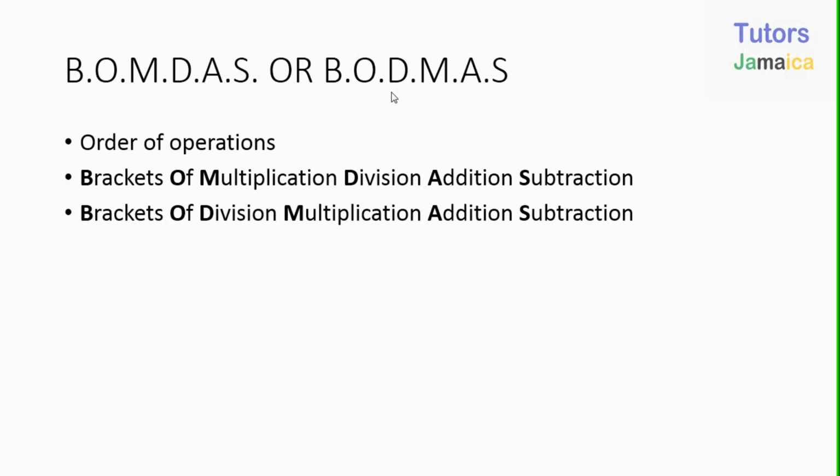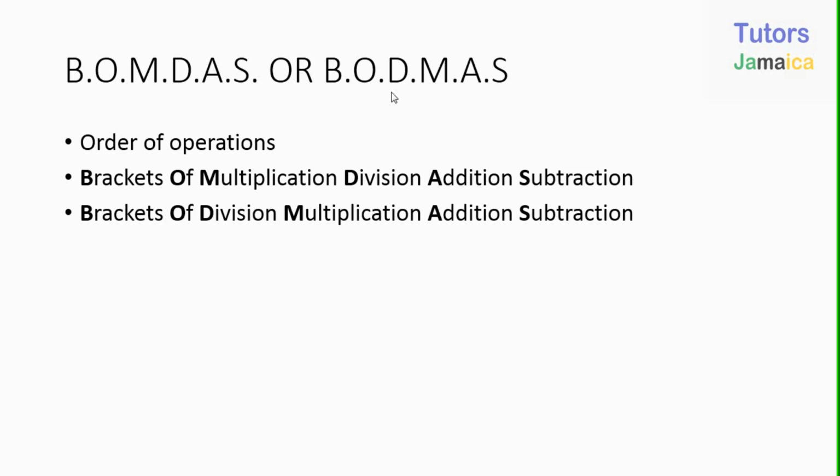Now the reason is that you have different levels. I think it's four levels. So bracket is on a level, that's the first level. Of is on the second level.